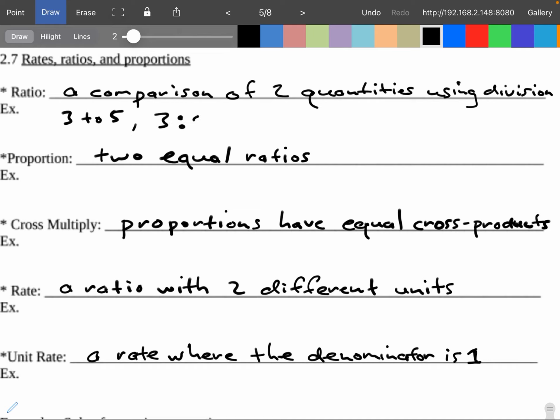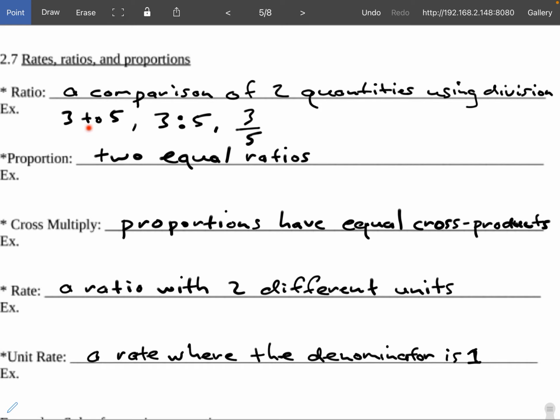That would be a ratio of 3 to 5. Or sometimes they'll write it 3 and then a colon and then 5. Or probably the simplest way to write it is just 3 over 5. So those all mean the same thing.